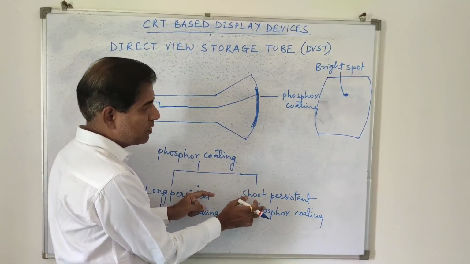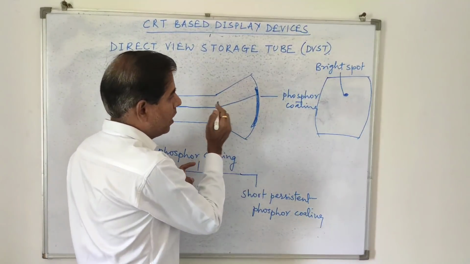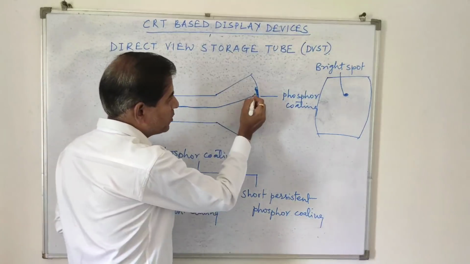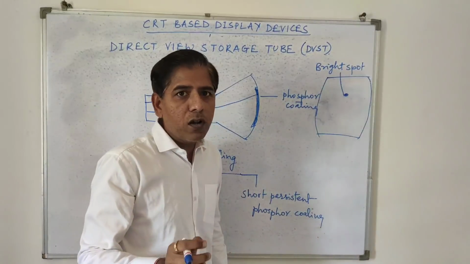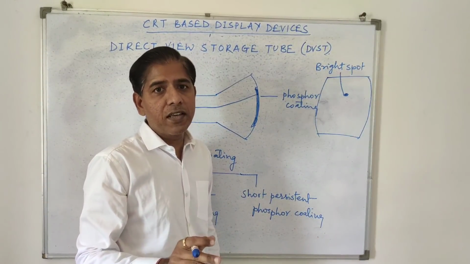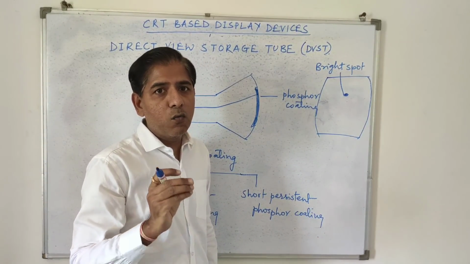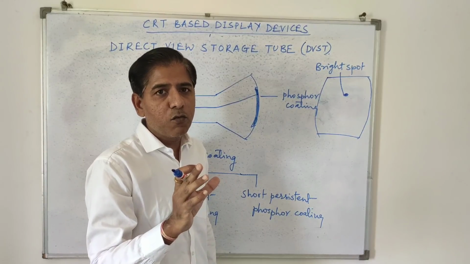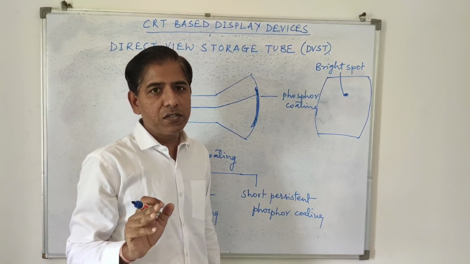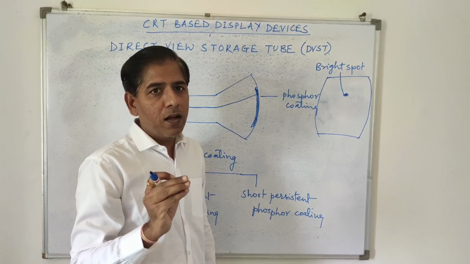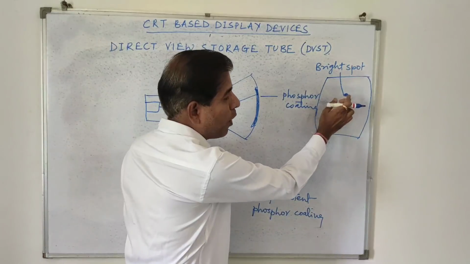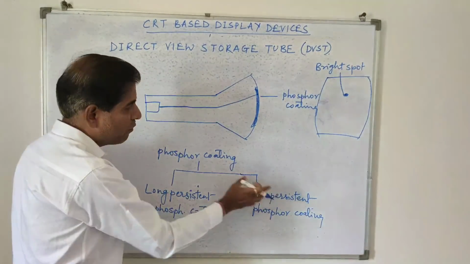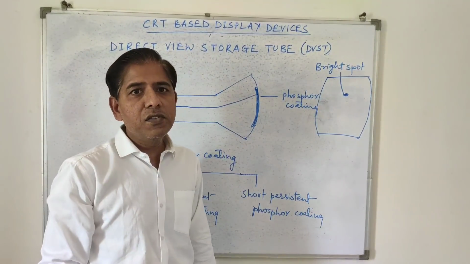Whereas in short persistent phosphor coating, when the electron beam strikes the phosphor coating, the bright spot would appear for some milliseconds, and then it diminishes. So the life of this point depends upon the type of coating provided inside a screen.